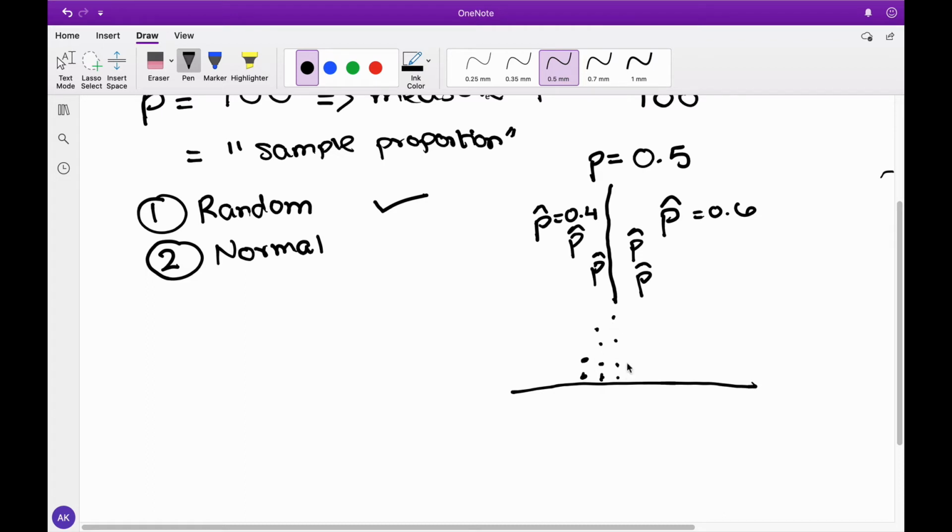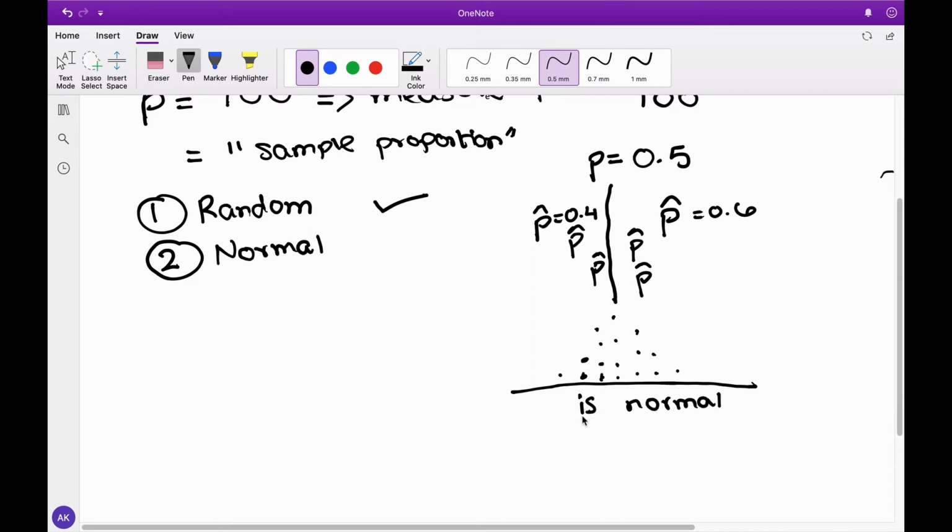And what we should see is that the distribution of the p hats, the sampling proportion relative to the population proportion, is normal.